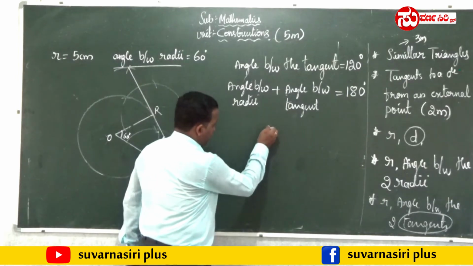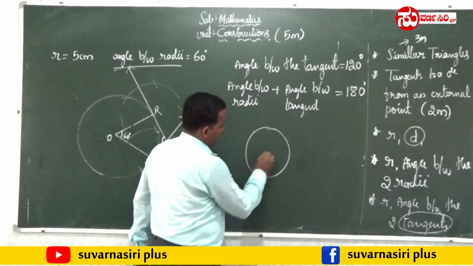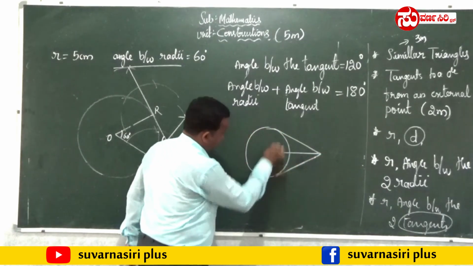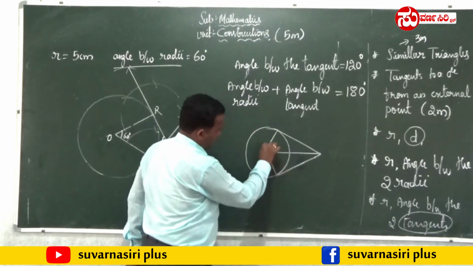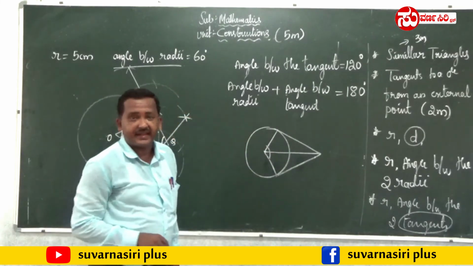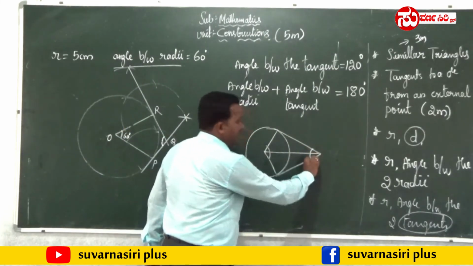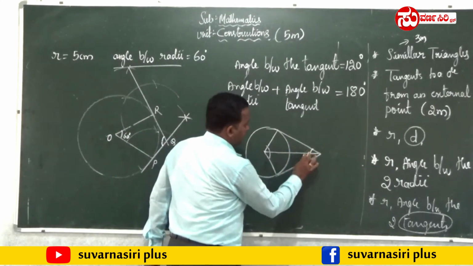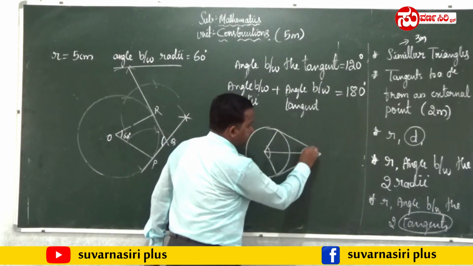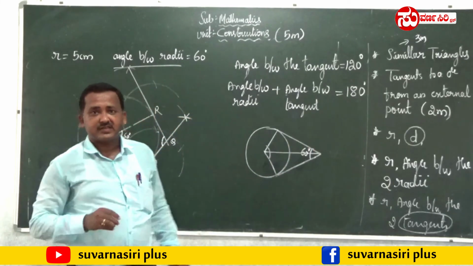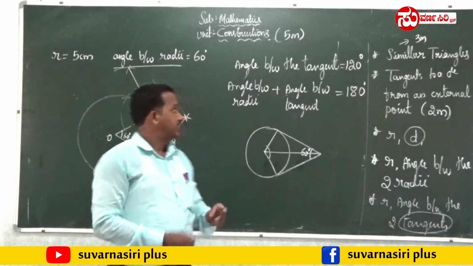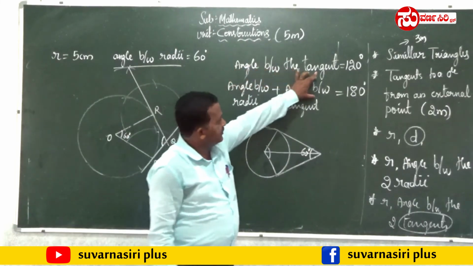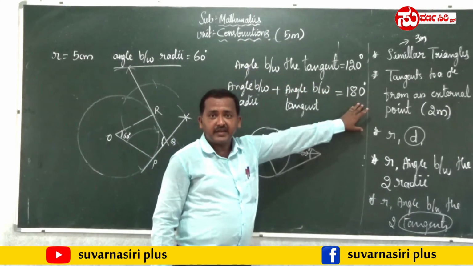So remember, if this is a circle, this is the angle between the radii, this is the angle between the tangents. So here he has given the angle between the tangents as 60 degree. If he gives it this way, it is very simple, with the help of this property, angle between radii plus angle between tangents is equal to 180 degree.